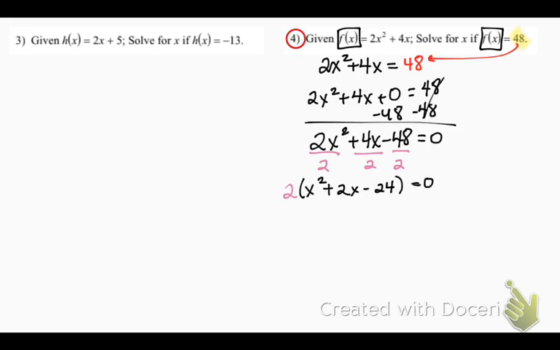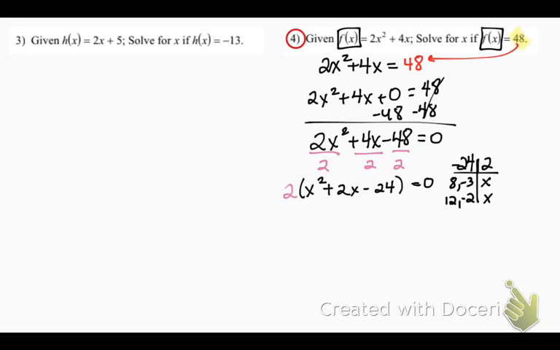Now, I can make my t over here: what multiplies to negative 24 and adds to 2? I can check a couple of things. If I try 8 and negative 3, that's 5, that doesn't work. If I try 12 and negative 2, that's 10, that also doesn't work.